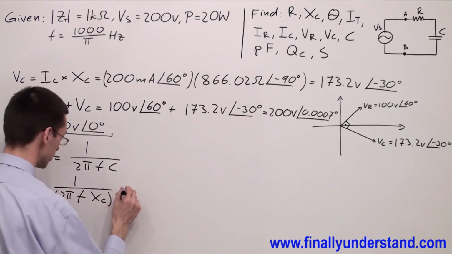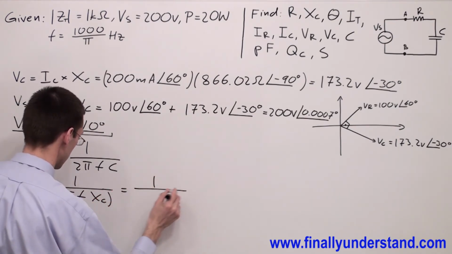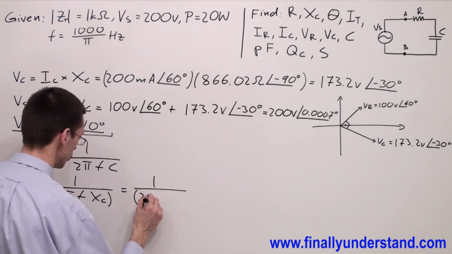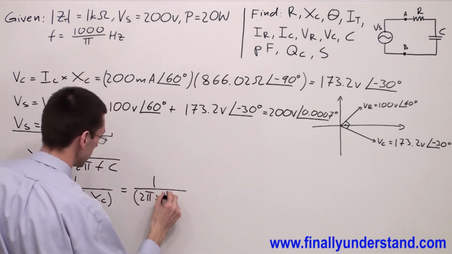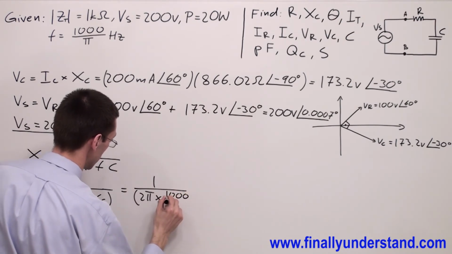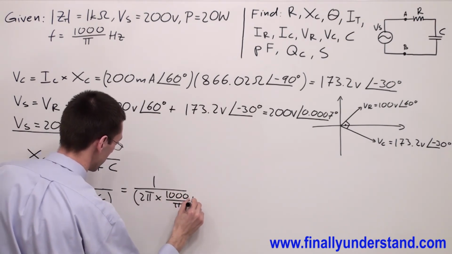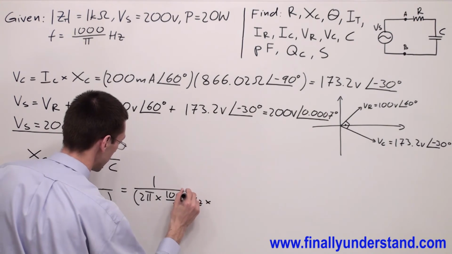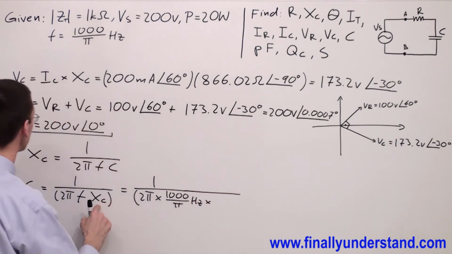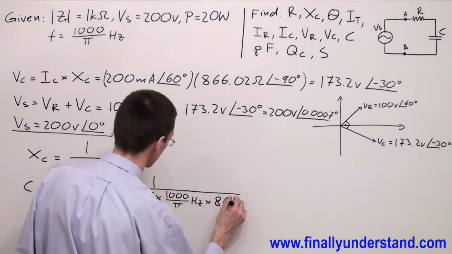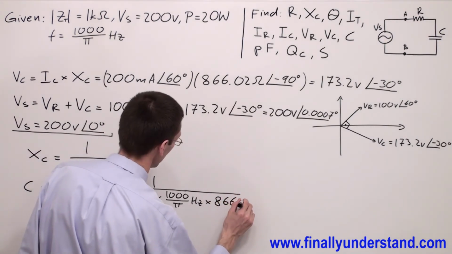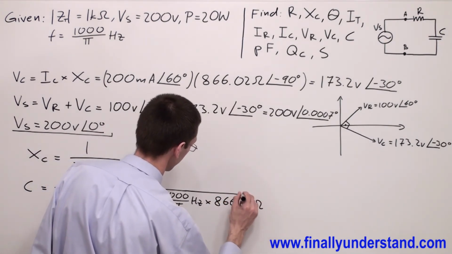Plug in the values and you're supposed to have 1 divided by 2 pi times the frequency, which is equal 1000 over pi hertz, times X of C. And we found X of C equals 866.02 ohms.